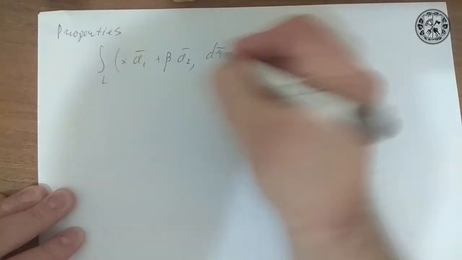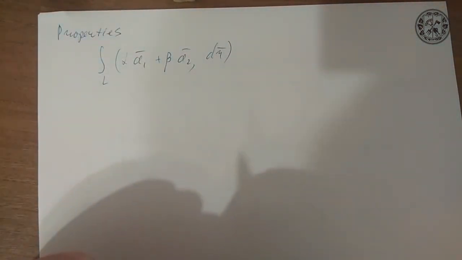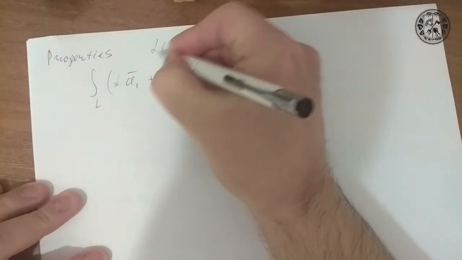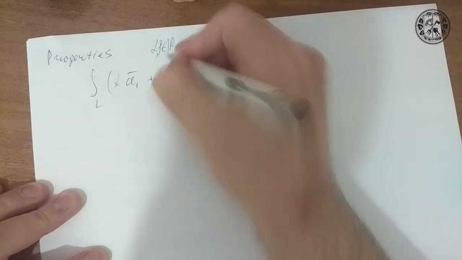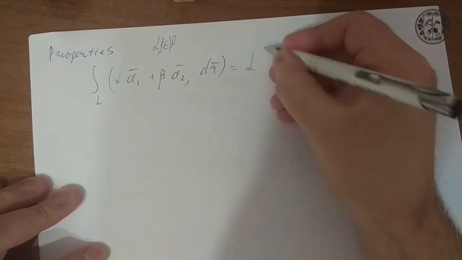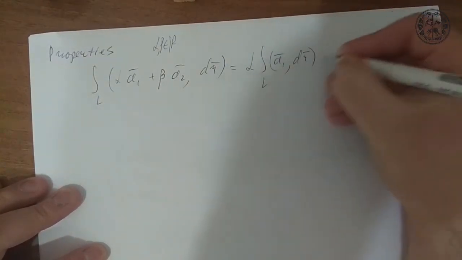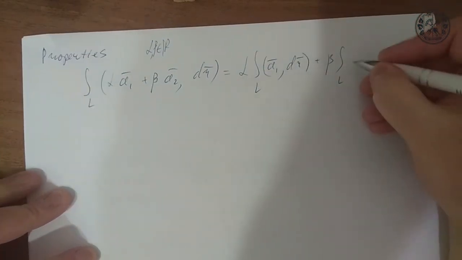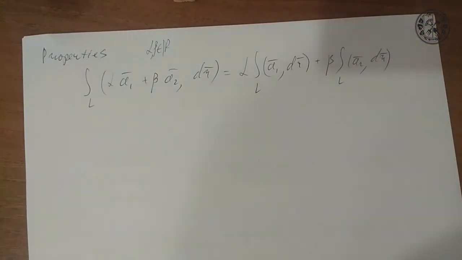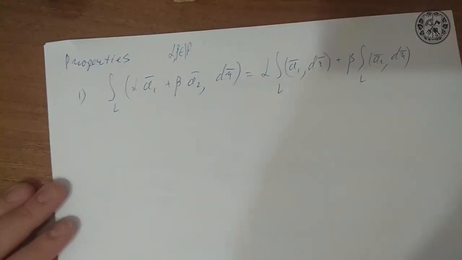If we have two functions and two numbers, alpha and beta, then this integral can be rewritten as alpha times the integral over L of A1 dr plus beta times the integral over L of A2 dr. This is our first property.